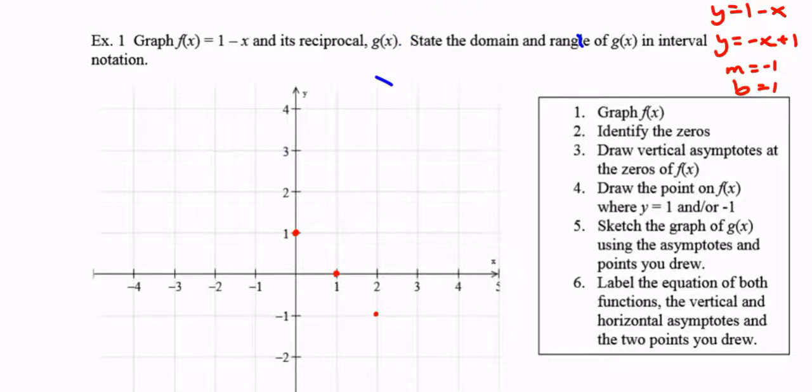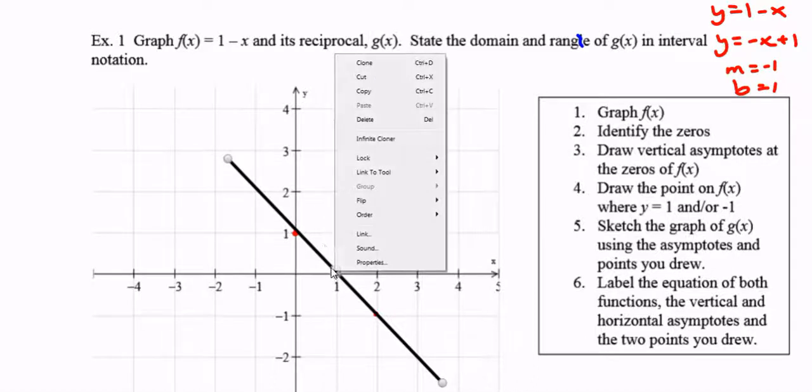I want to draw a nice line, so give me 2 seconds here. I'm going to see if I can get a line program going. Okay, so there's a line. Not bad, and I'm going to now try to make it red.